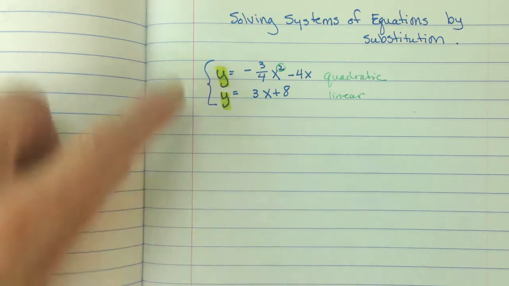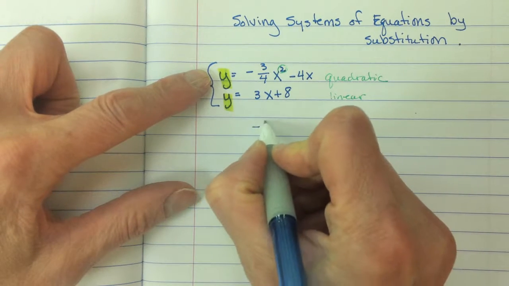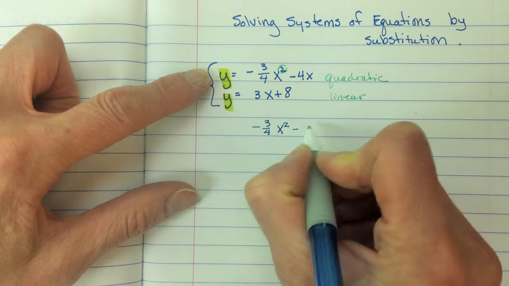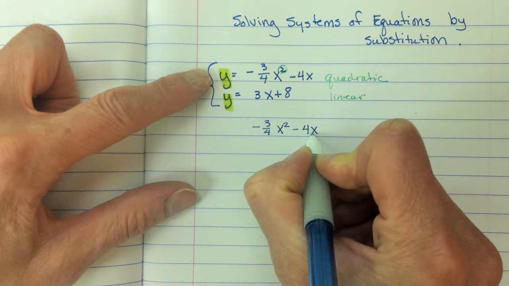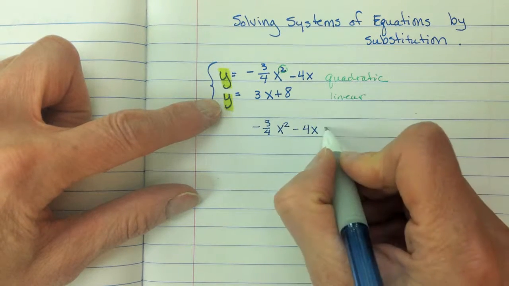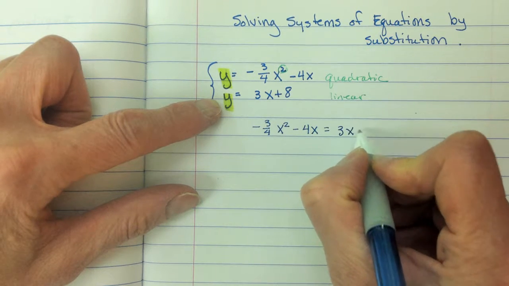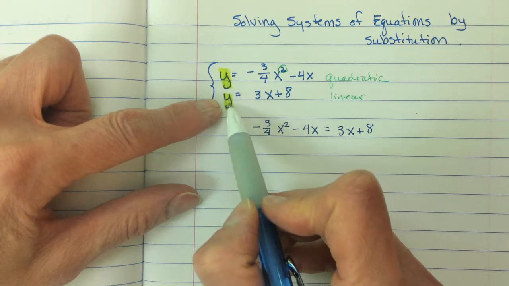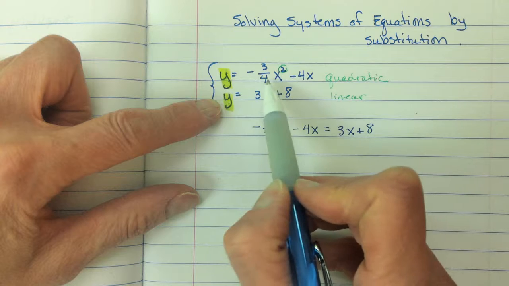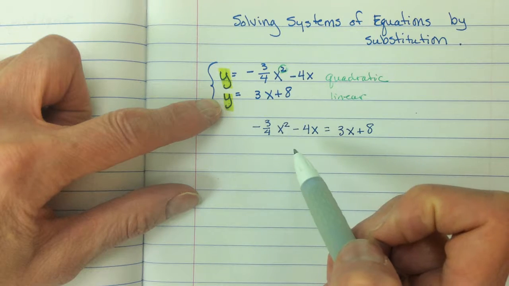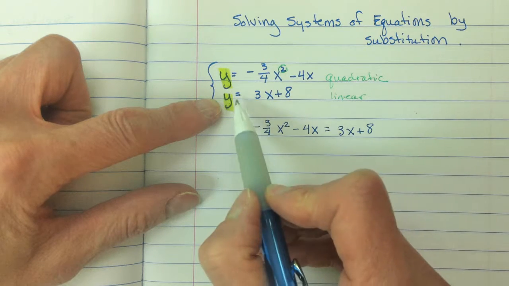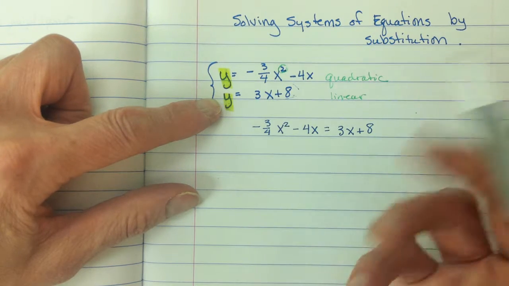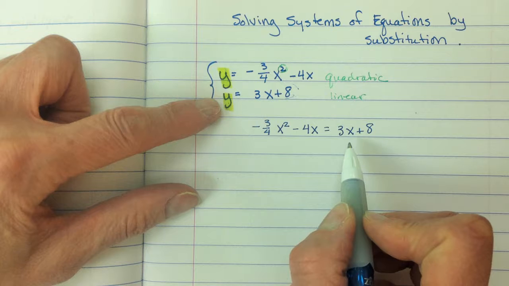I'm going to take my quadratic, negative 3/4 x squared minus 4x, and set it equal to 3x plus 8. Because these y's are the same, these expressions are also equal to each other, because I can substitute in 3x plus 8 for y. So that's what I did right here.